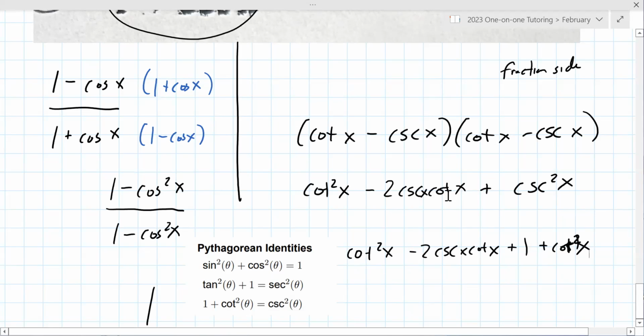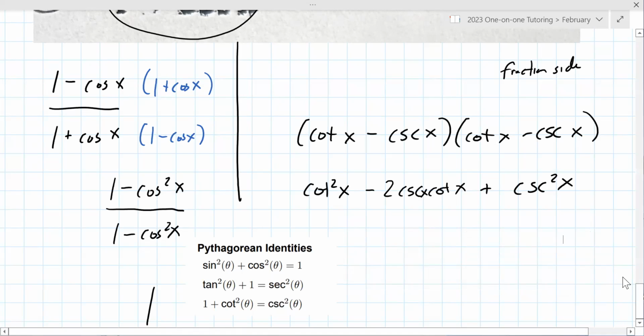Just double check your work here. If we go the other way, we still have the same problem. Did I get the signs right on this? Okay, this one's messier. Let's not do that, because that didn't seem to work.